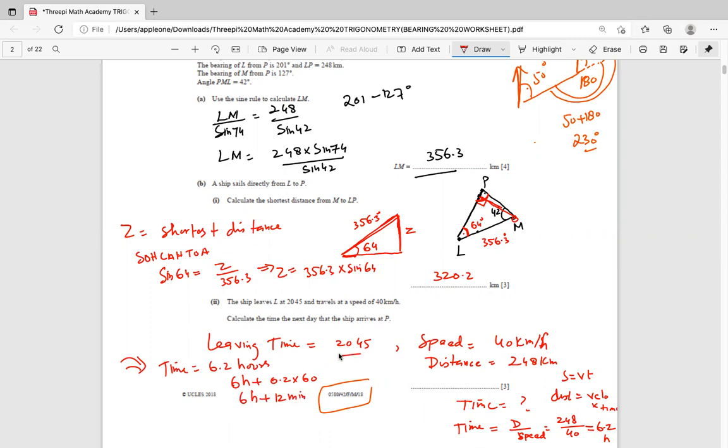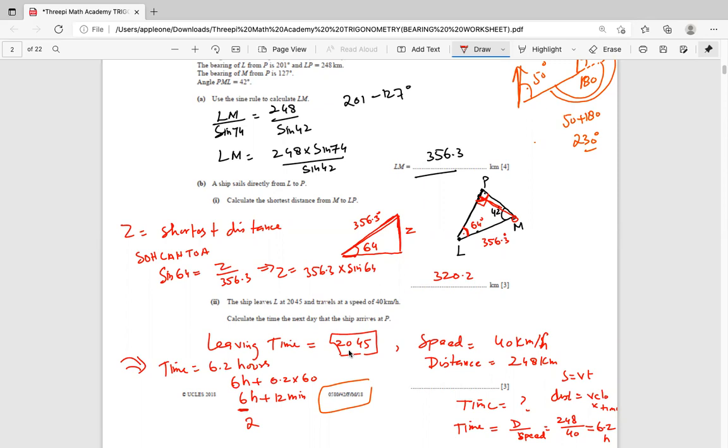Now look at the start time, which is 20:45.